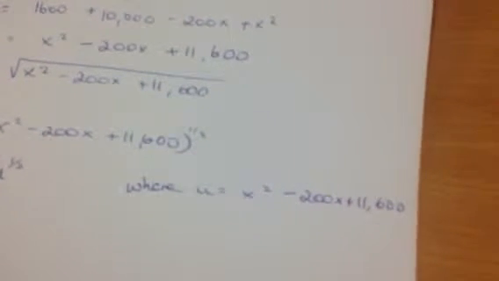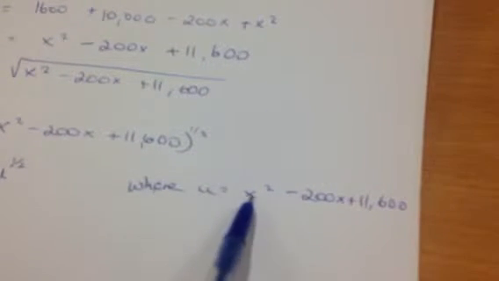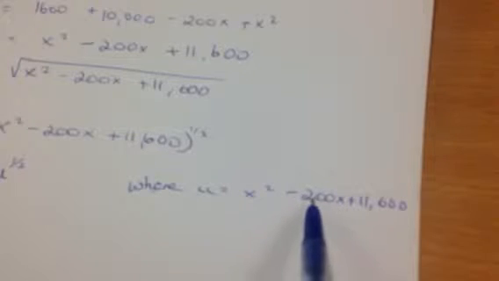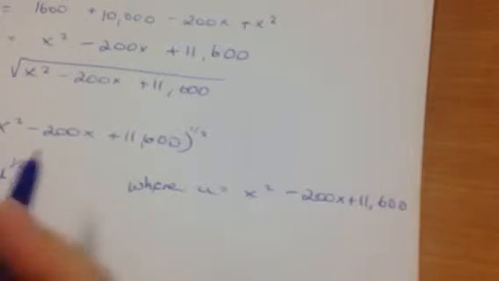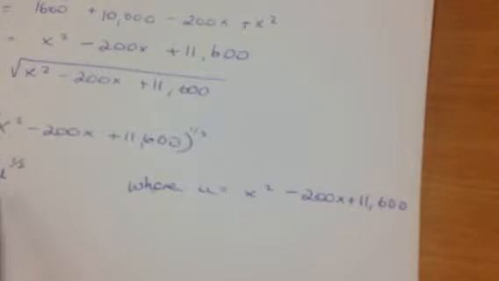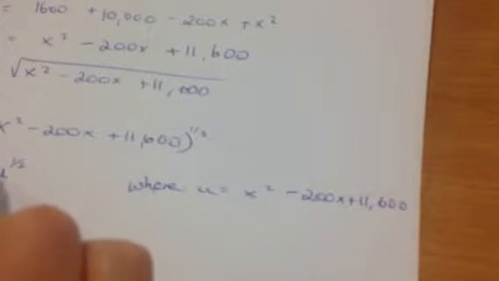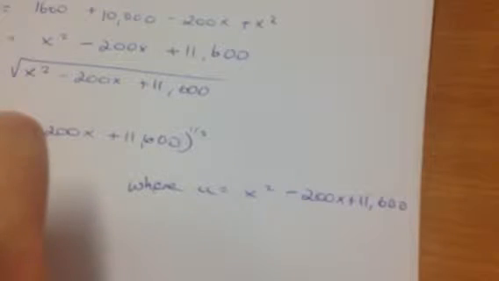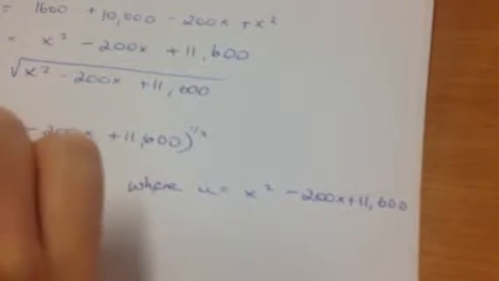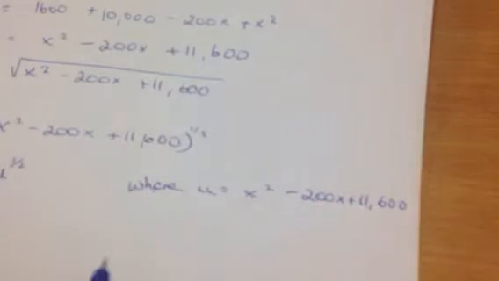And the chain rule says that if I get du dx and multiply it by ds du, this is good practice, so I'm now saying s is that, where u is that.